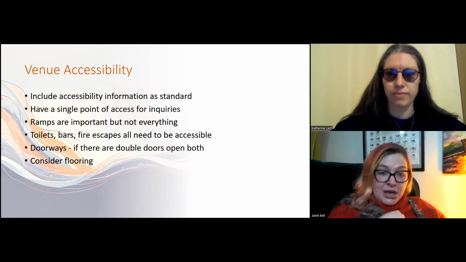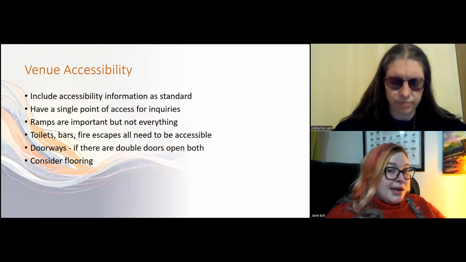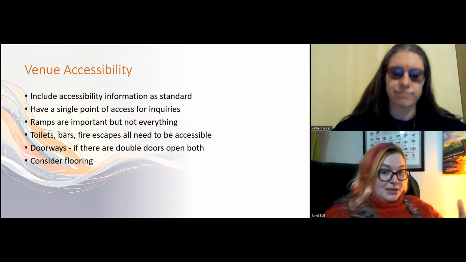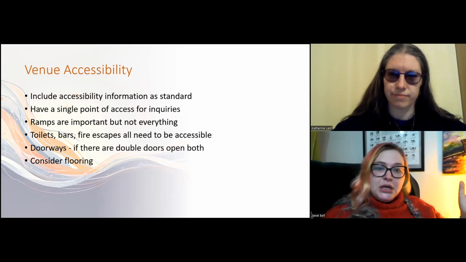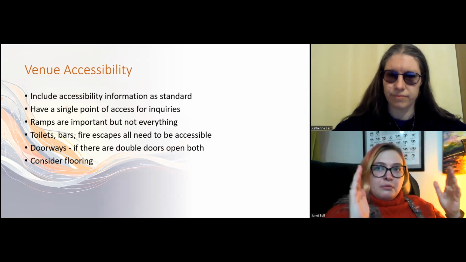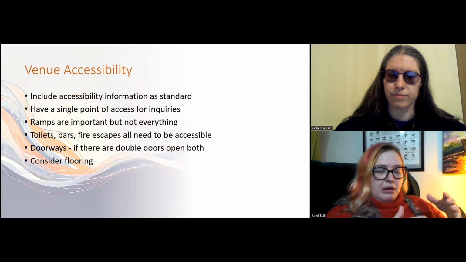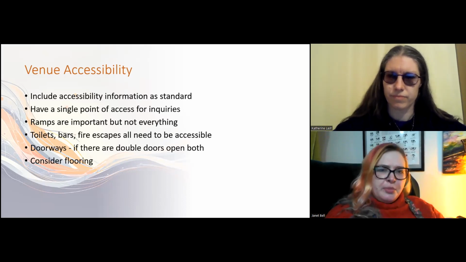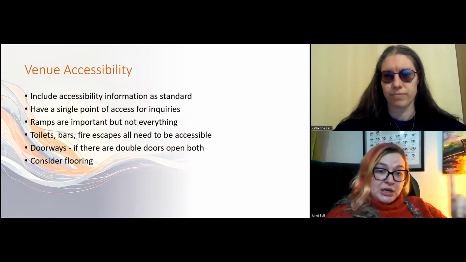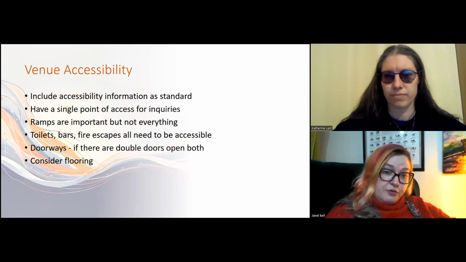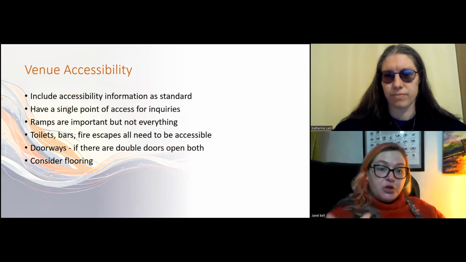If I'm making an access inquiry and then I have to go and speak to 4 different people because they've passed me around from pillar to post, because actually no one knows what the doorway widths are or whatever, that shouldn't be a job that falls on me. I should speak to one person, and if they don't know the answer, they need to go find out the answer, rather than making that my job.